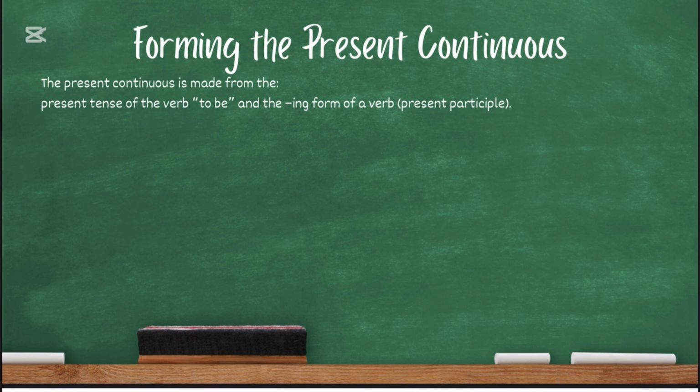So there will be something plus subject plus, at the end, the ing form of the verb stays also here, ing verb, and on the first place will come the verb to be. Let's translate it into an example.